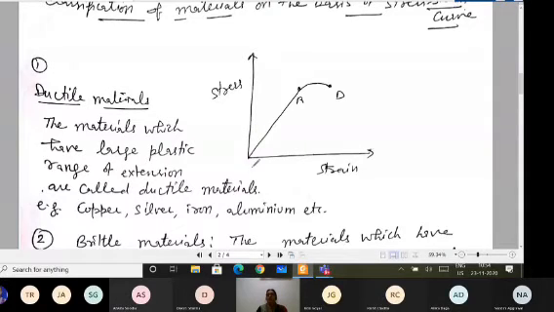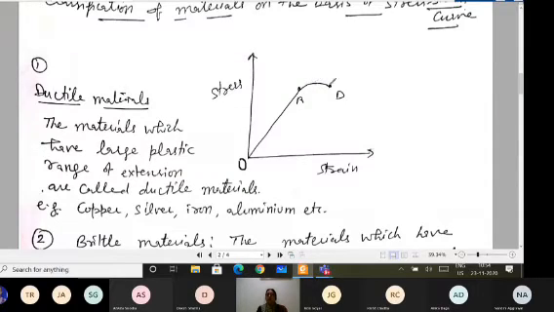So if this is the stress strain graph of a particular material, like this AD part, it will depend upon the proportional limit. This Hooke's law applied is O to A point, of course up to this point. If I remove the weight anywhere, it will regain its original position.